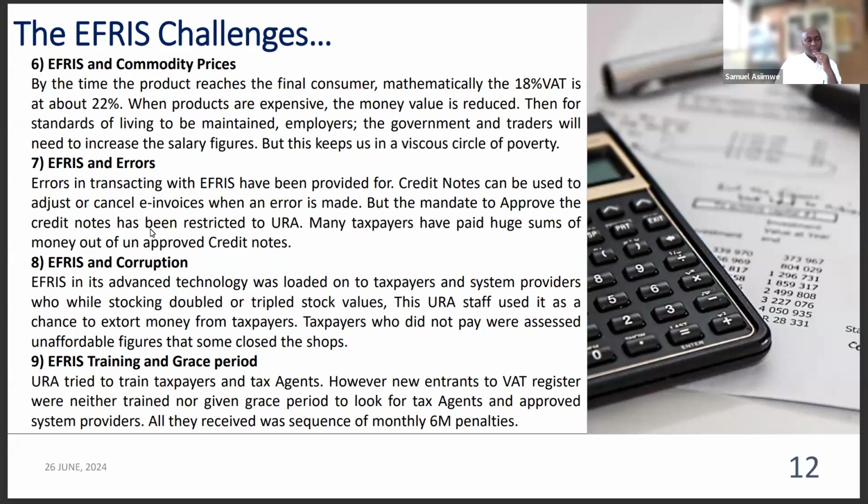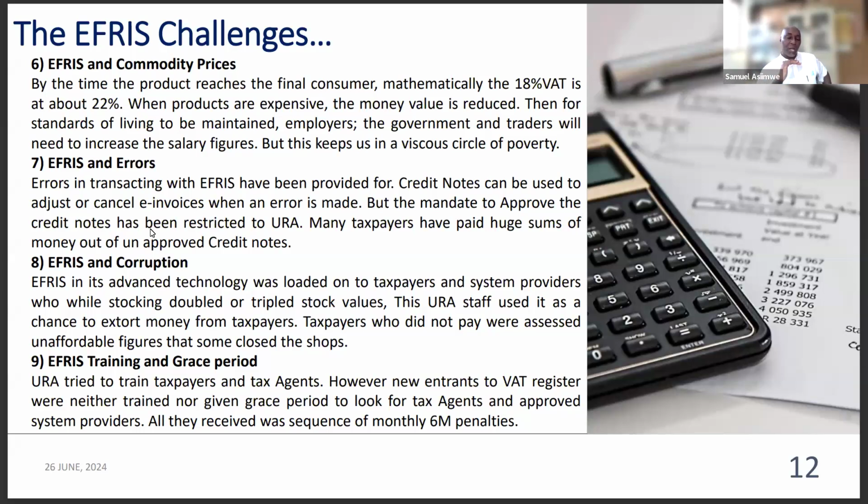180,000 is already charged on my account, and it is reflected in the URA system, because this EFRIS is shared by URA and the trader. They are seeing whatever you are doing, and they are looking at everything. So it has already landed there.